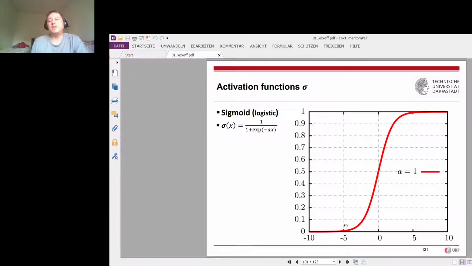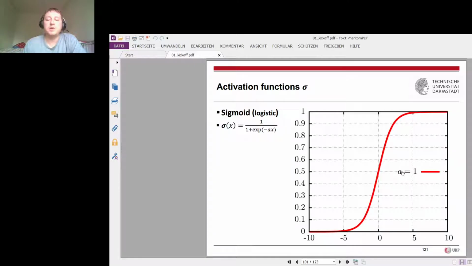What you can see here is that this function takes the value 0 if the input argument is very negative, and it takes the value 1 if the input argument is very positive. So it looks similar to the threshold function, but a little bit different also, and it could be considered an approximation of the step function.